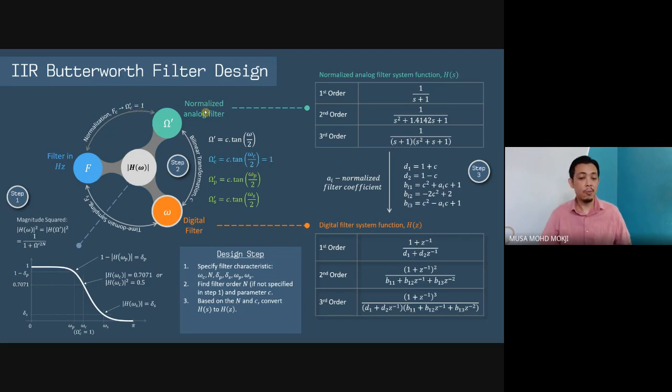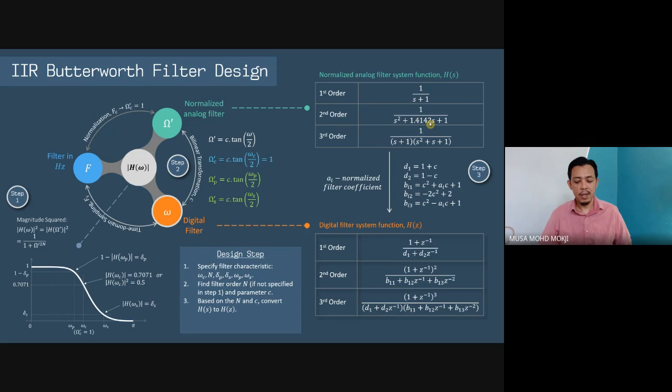That's why we use this normalized analog filter, so that we can just refer to this one. If we want a filter of first order, just take this equation and convert this S into Z. If we need a second order, we just take this equation and then convert this S into Z.